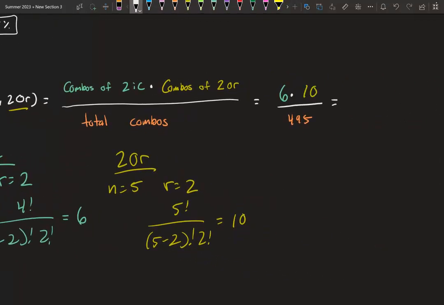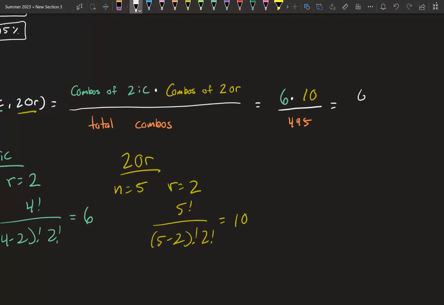Alright, let's simplify. 6 times 10, we get 60 over 495. You can actually keep dividing by 2 several times, or you can divide by 10 and then 2. So it simplifies to 4 over 33.